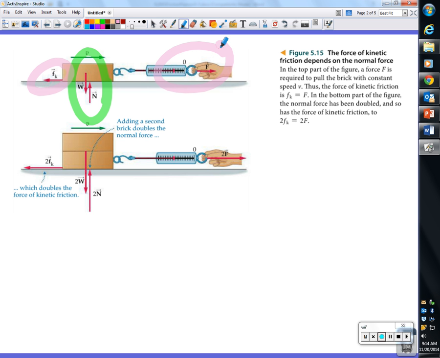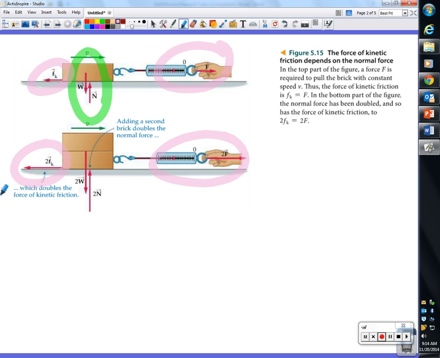Like we just said, if we're going to take a second object that has twice as much mass, in order to move it at the same constant velocity, we're going to have to pull harder. Specifically, twice as hard. Why? Because there's twice as much friction. In order to balance those two forces out, they've got to be the same, right?